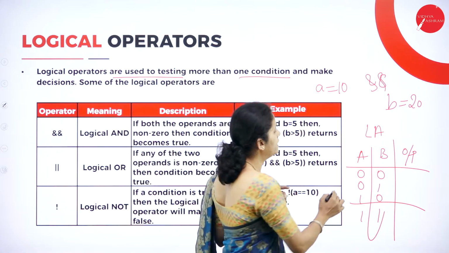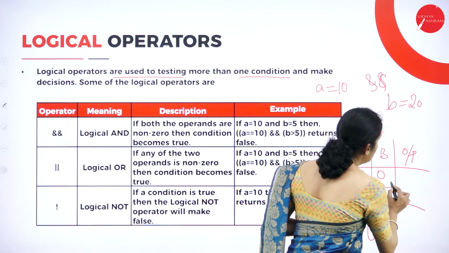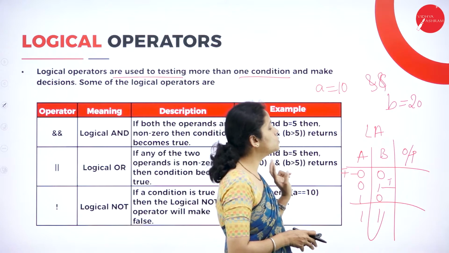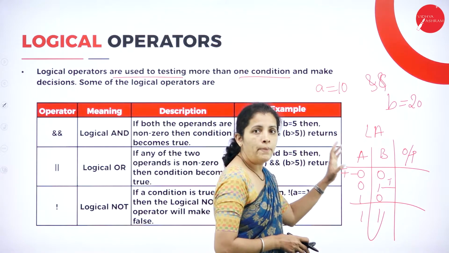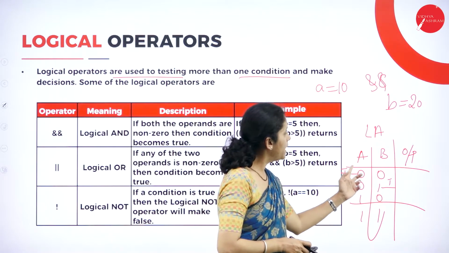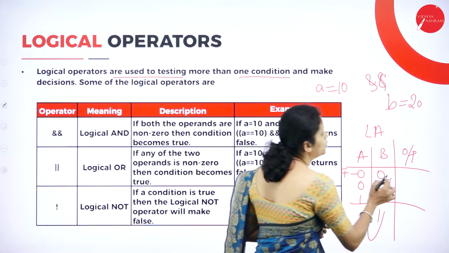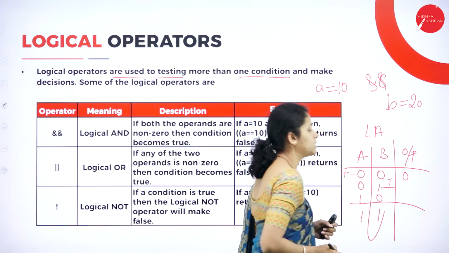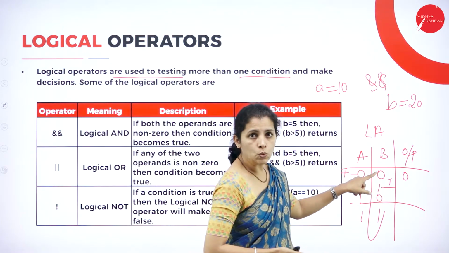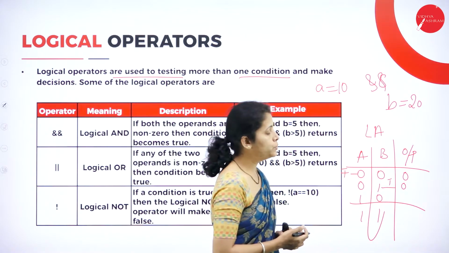Now dear student, here 0 is nothing but a false condition and 1 is nothing but true, and this logic gate is going to work based on these values. If both the values are false, then I'm going to get a false output, and if any one value is true, then I'm still going to get a false output.